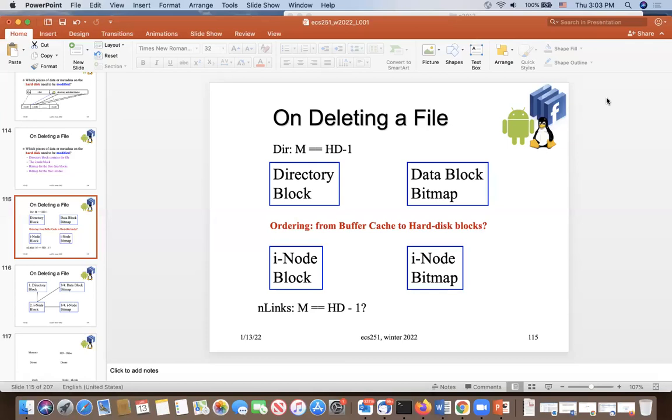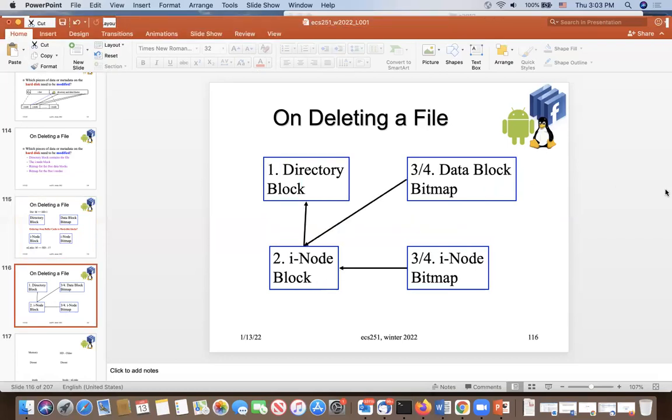That's okay. It's just wasting some inode space, but I will never have the other way around, where the bitmap is updated but the inode block isn't, and then I mess up the inode situation. Okay, that's good.